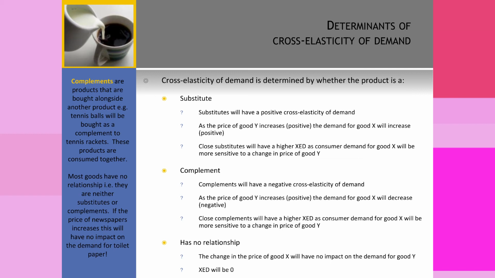And no relationship means that the change in the price of good X would have no impact on the demand for good Y. So the price of coffee going up is not going to have any impact on how many books I purchase. So the XED would be 0. So please pause this video now, add these words to your key glossary or your flashcards, and then move on.